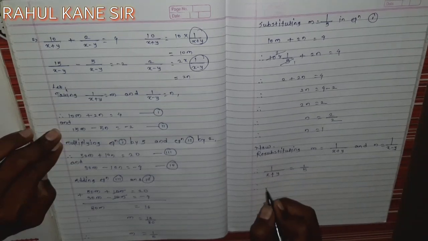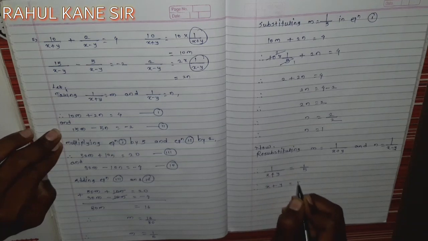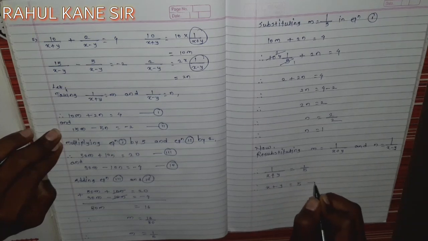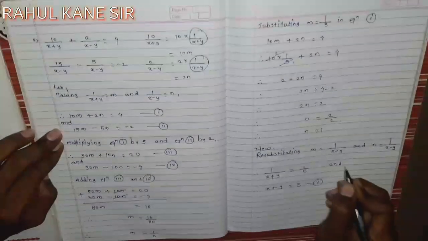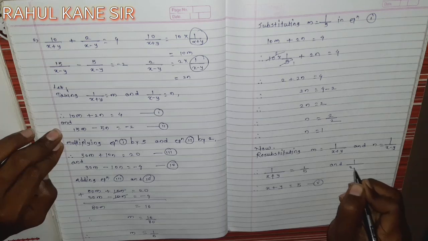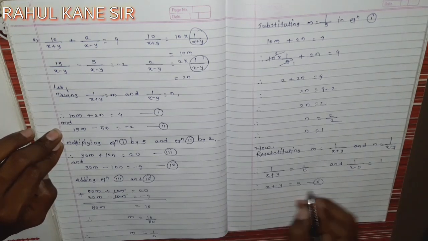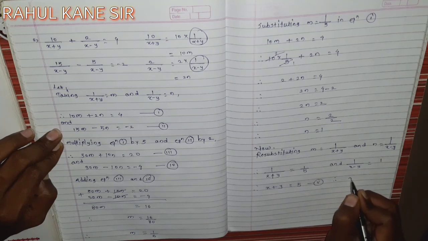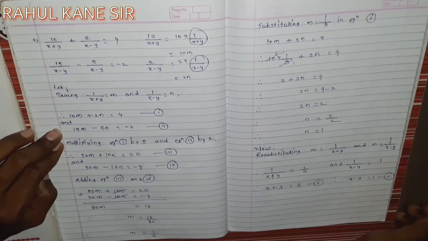Numerator equals numerator, so denominator equals denominator, so we get x plus y equals 5, equation number 5. And 1 upon x minus y equals n, the value of n is 1, therefore by cross multiplication we get x minus y equals 1, equation number 6.